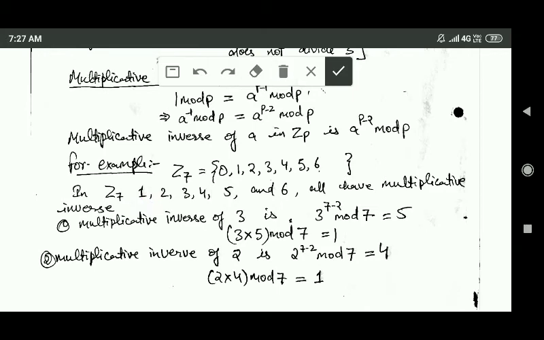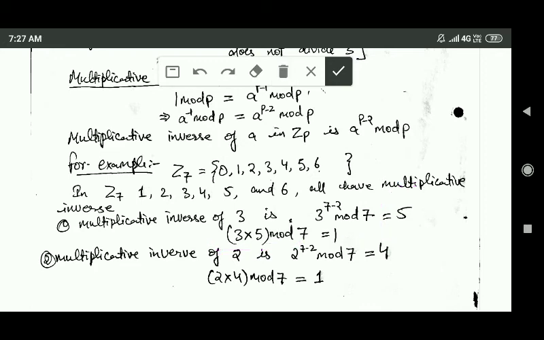So the multiplicative inverse of 3 in Z7 is 3 raised to power 7 minus 2 mod 7, which is equal to 5. Here you can see that 3 into 5 mod 7 is equal to 1. So 5 is the multiplicative inverse of 3 in Z7.